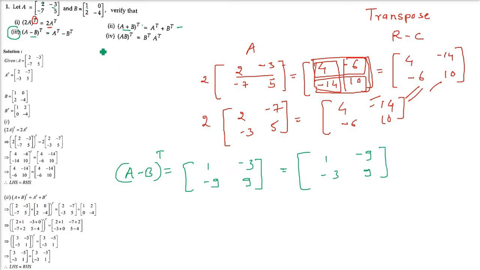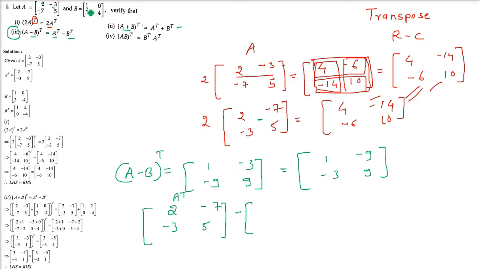Okay. Now A transpose and B transpose. A transpose we have already done, so let me just write this: 2, -7, -3 and 5. What about the B transpose? This is A transpose. Let us do the B transpose and put it here.